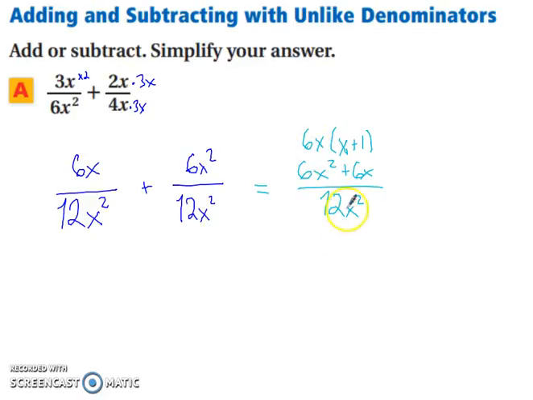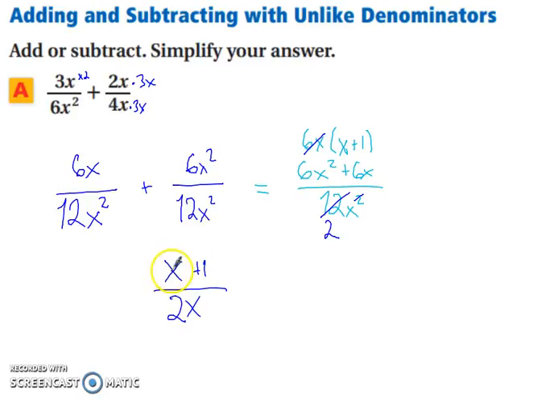And now we can reduce our 6x and our 12x². So our 6x would go away, and our 12x² on the bottom would become a 2, and then simply an x. So we end up with (x + 1) over x times 2.